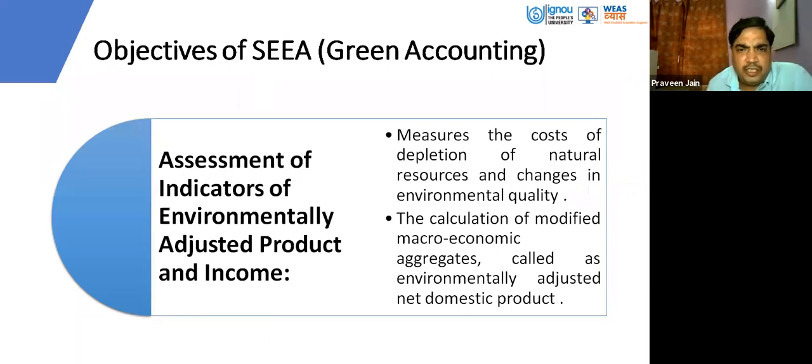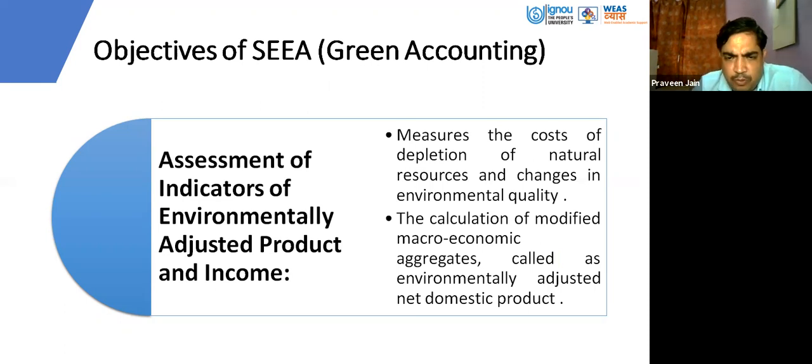Then another important highlight of this SEEA or green accounting is the assessment of indicators of environmentally adjusted products and income. Whatever GDP we calculate using this method is basically an environmentally adjusted GDP. It measures the cost of the depletion of natural resources and change in environmental quality.